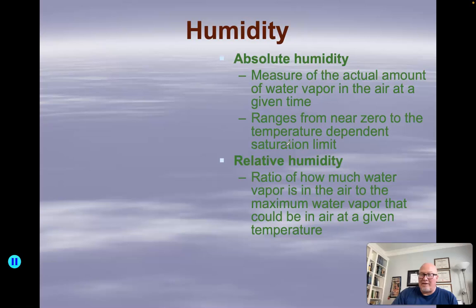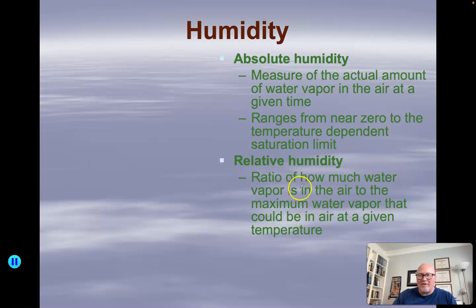Relative humidity, on the other hand, is a ratio. Relative humidity is typically what we get whenever we're getting a weather report. The relative humidity is the ratio of how much water vapor there is in the air compared to the maximum amount of water vapor that could be there.